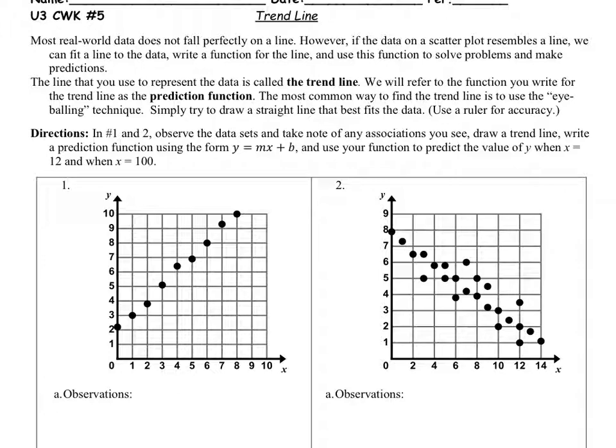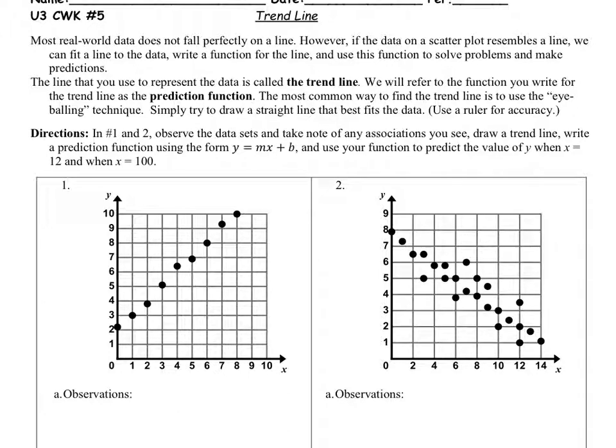We refer to the function you write for the trend line as the prediction function. So again, just like we've been doing, we're going to be writing equations. We'll talk about functions at some other point. It's really an equation that we're going to be using to make predictions based on that line that we draw, not using the points that were originally given to us on the graph. We'll see that.